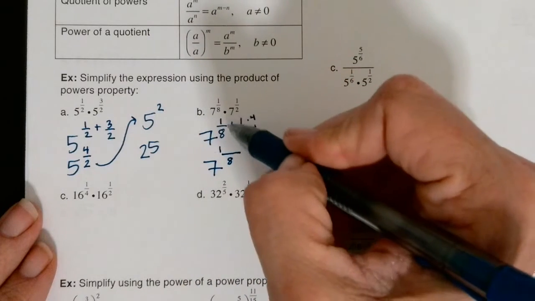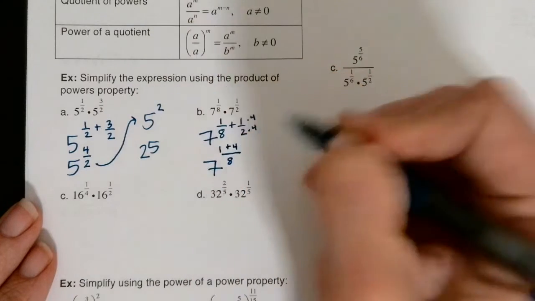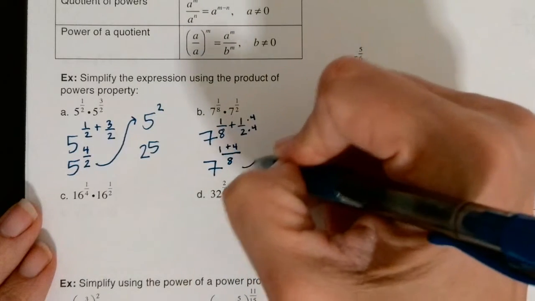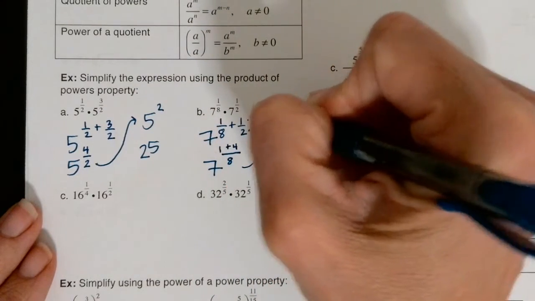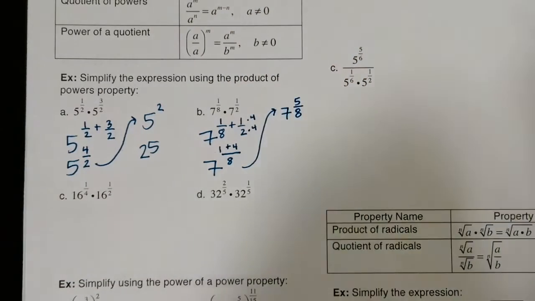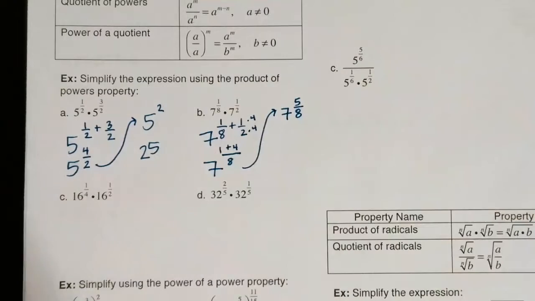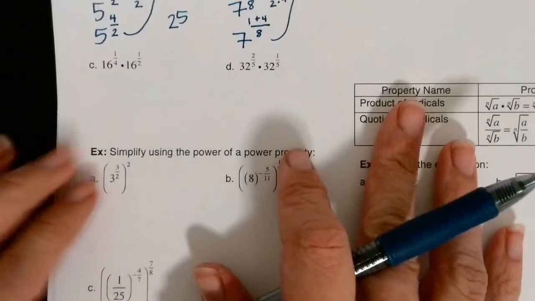Sometimes kids forget the 1 from the first fraction, plus 1 times 4, which is 4, and that will give me 7 to the 5/8. So sometimes students ask, like, hey, Wilkin, do I need to rewrite this in radical notation? So the answer is, unless it tells you to, then you don't need to, okay? Or if it's going to help you simplify or something like that, but these ones don't, maybe the next one will. Let's take a look.